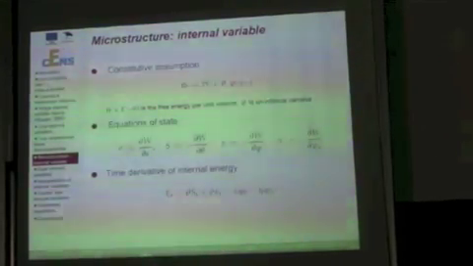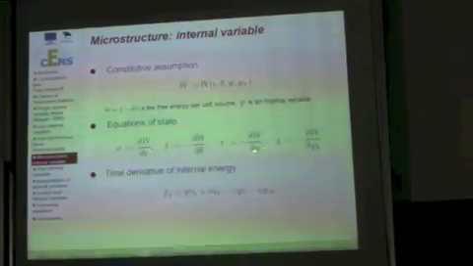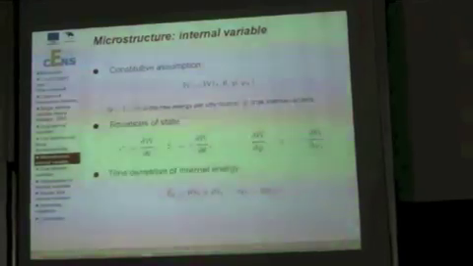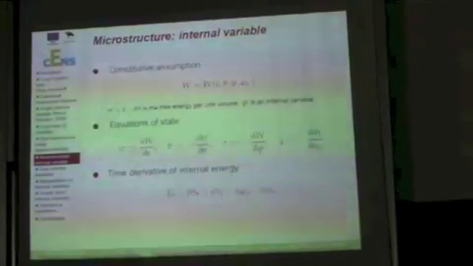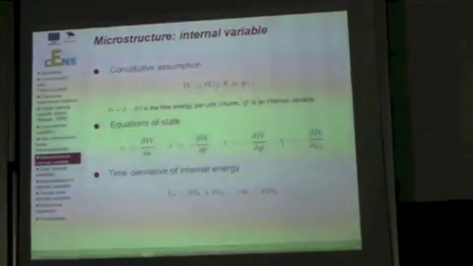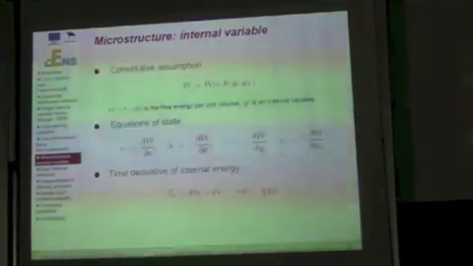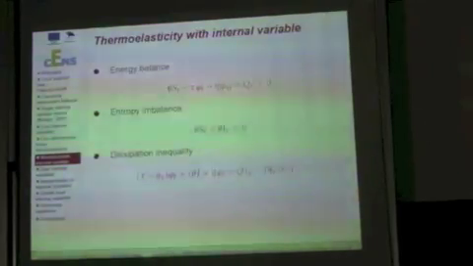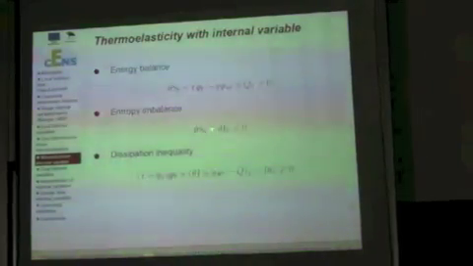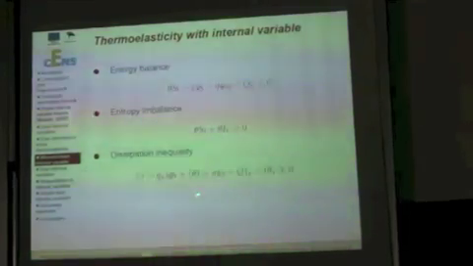Now this is more or less the same story as previously, but just now we have scalars, not tensors. And the time derivative of internal energy is contributed by some terms depending on the internal variables. And we have energy balance and entropy imbalance, and eliminating this term, we obtain the dissipation inequality in this form.